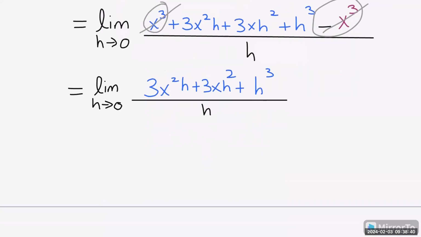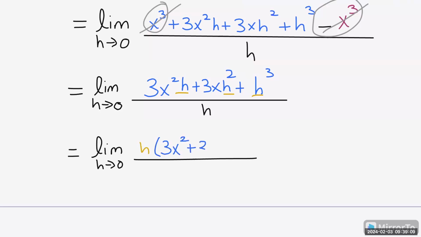Notice that in my numerator, all three terms have an h in them, so I can factor an h out. So I end up with the limit as h approaches 0 of h times 3x squared plus 3x h.